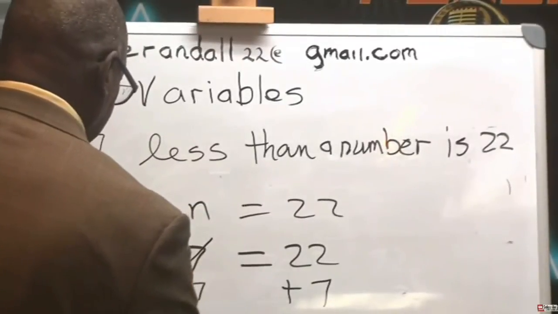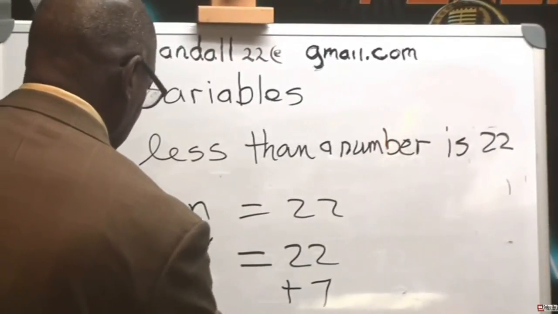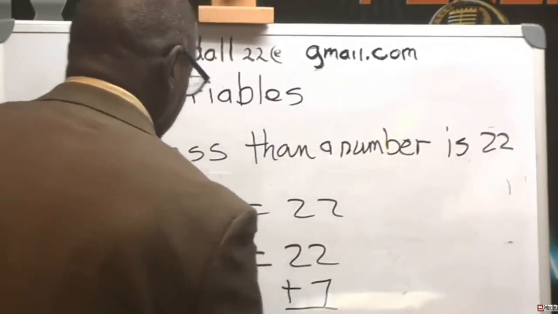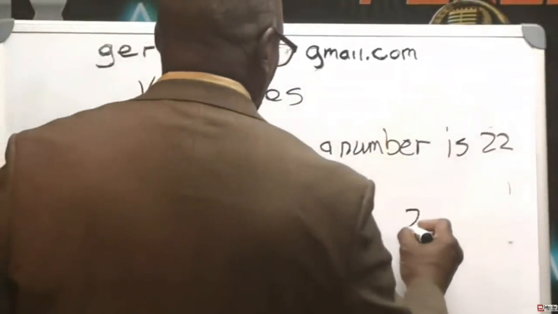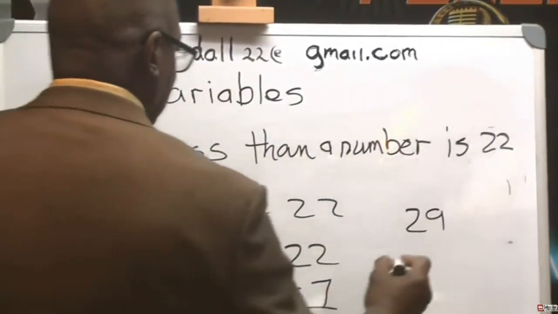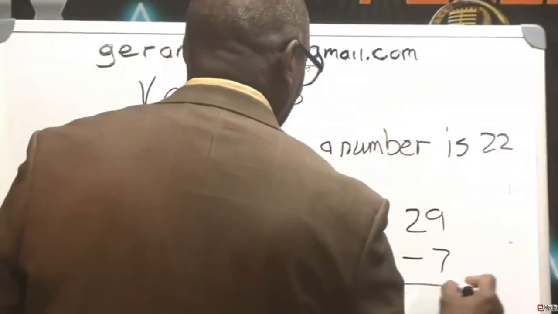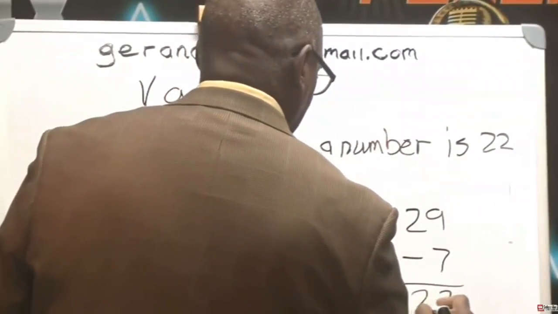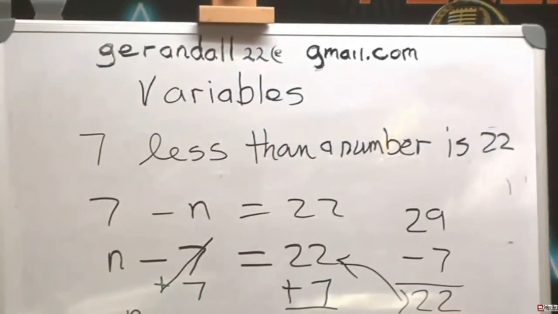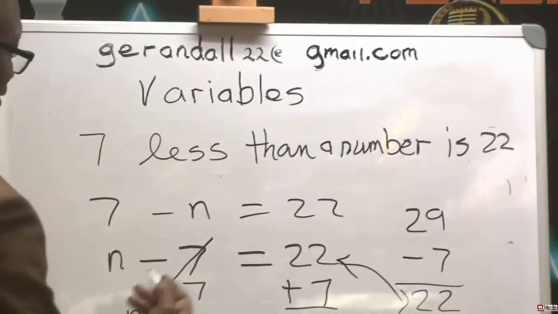This cancels. Then you have n. And over here, 29. Check that real quick. 29, which is what we put in for the value of n. Subtract 7. Look at that. This is why I like math, black and white.